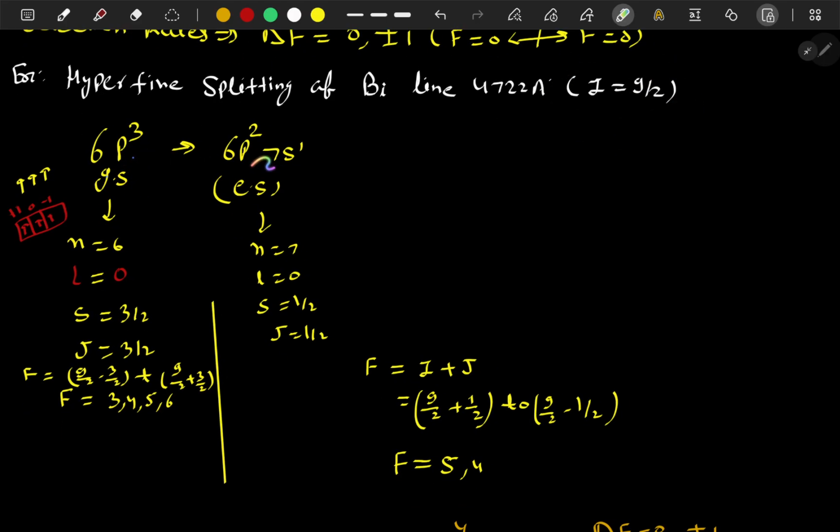So there is a question: 6p3 to 6p2 7s1. This is the ground state, this is the excited state.